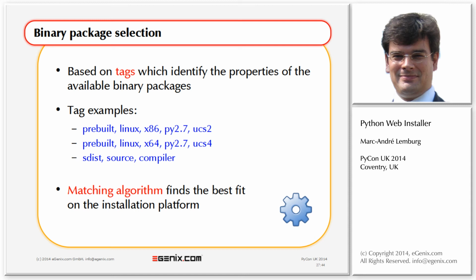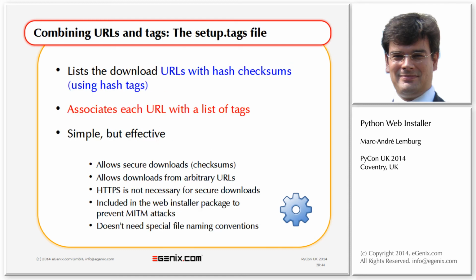It's a 32-bit one. It's meant for Python 2.7, and it's UCS 2 for Unicode. And then we put all that information into a file, the setup.tags file, associated with the URL. So for each URL that you have, you get a set of tags, and then the matching algorithm can then take care of choosing the right one.